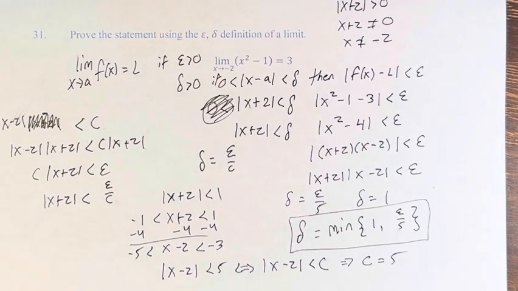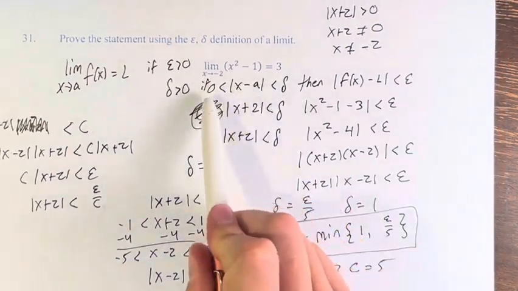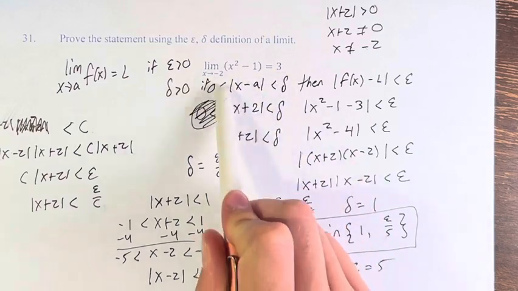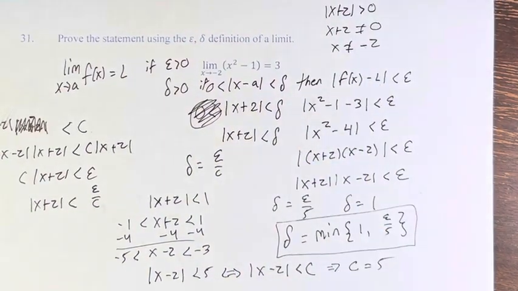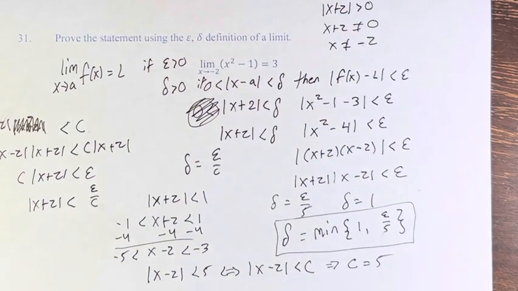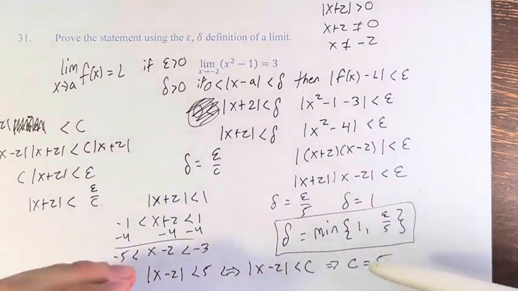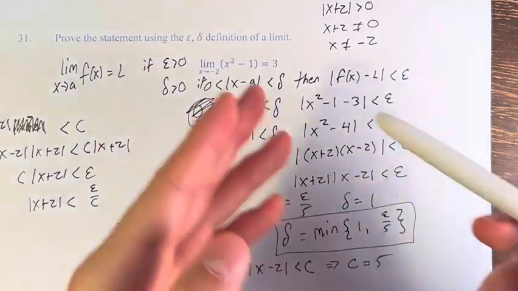If epsilon over 5 is bigger than 1, then the value is just 1. And if it's not, then we go with epsilon over 5. But we have to pick the smaller of these two values to get the more restrictive definition of delta that allows for this to be true. So this is our delta, which proves that for any epsilon we have a delta, and therefore this limit is true.